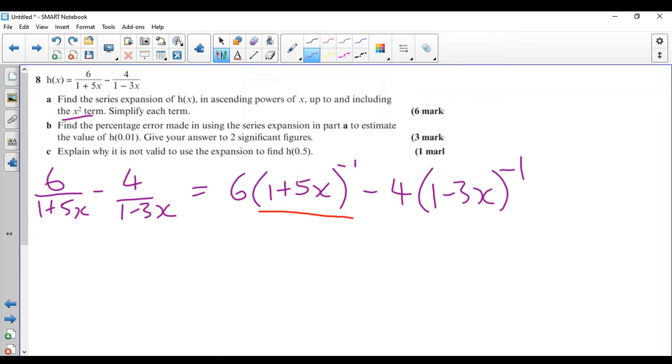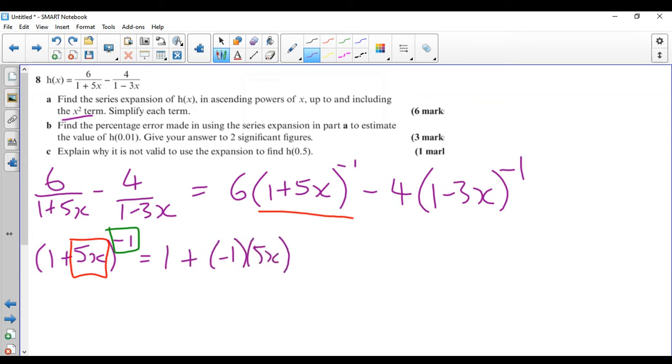I'm going to show the marker, as if this was an exam question. It's worth always treating your work as an exam question in layout because it gets you into a good habit. So I've said I'm going to expand that. My x is 5x, my n is minus 1. So that's 1 plus minus 1 nx, plus n times n minus 1 over 2, times 5x squared.